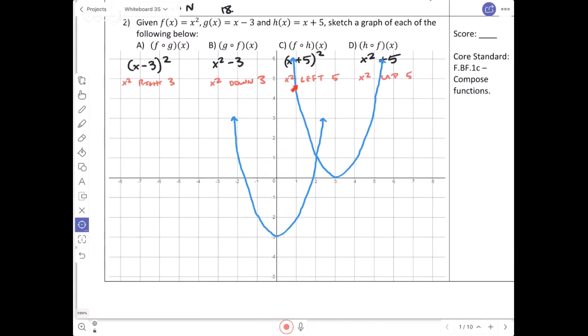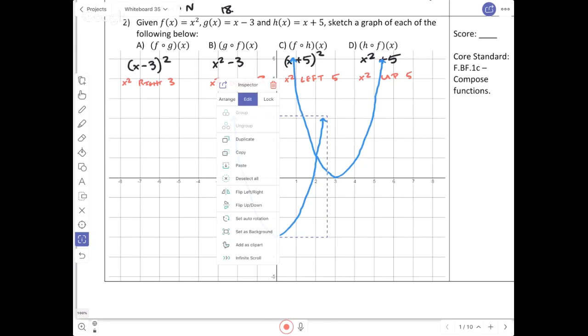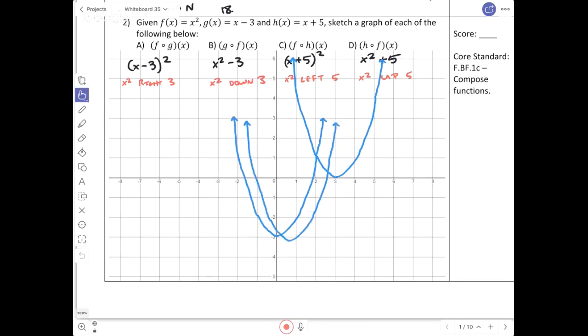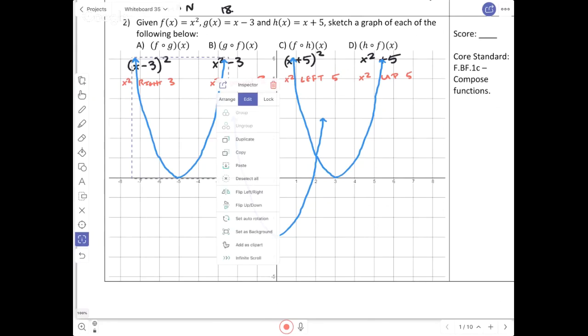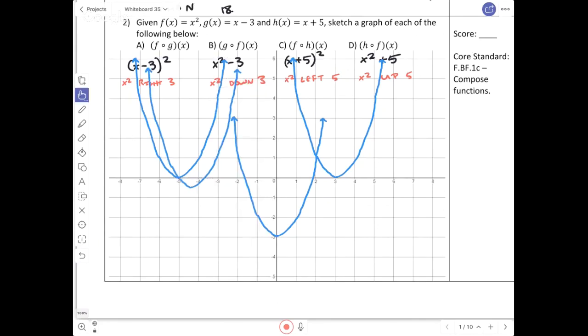Okay? And x squared moved left 5 is what happens when I take that same function that we started with and move it left 5. Once, twice, 3 times, 4 times, 5 left. And then x squared plus 5 is the same function moved up 1, 2, 3, 4, 5.